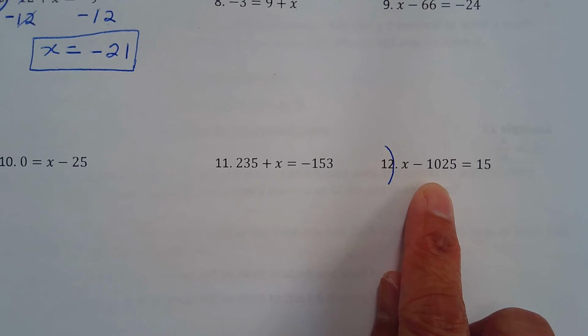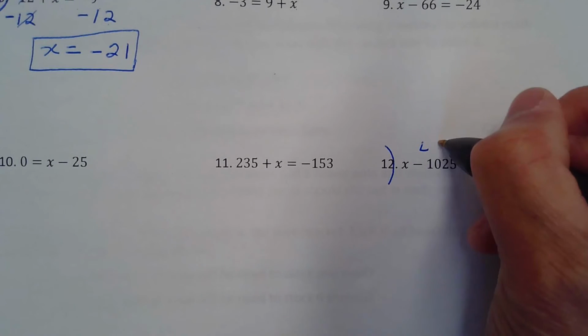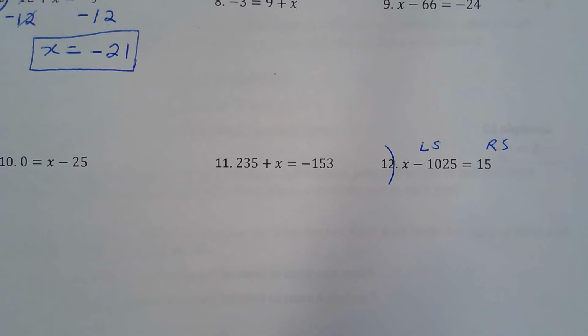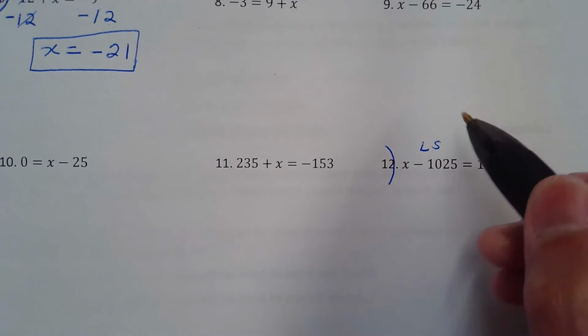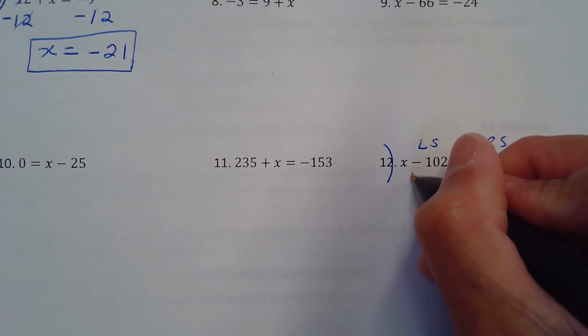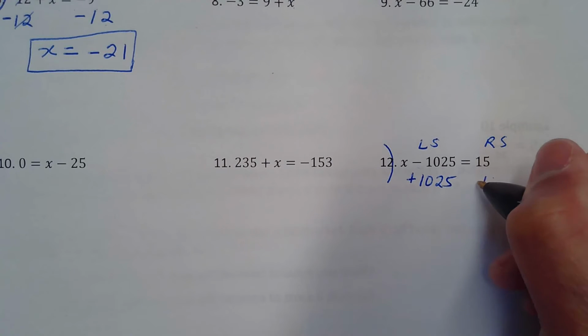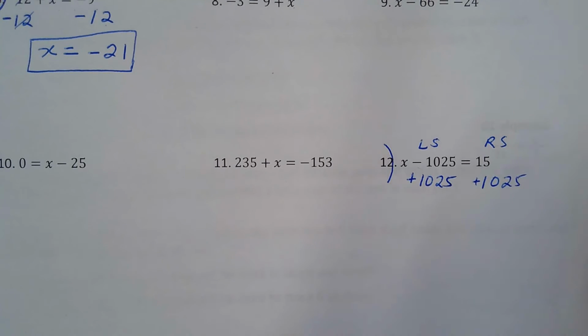I didn't do anything else because I didn't write it in left and right. That's fine. So left side and right side. You're already thinking to get rid of a minus 1025, you have to add 1025 on each side.